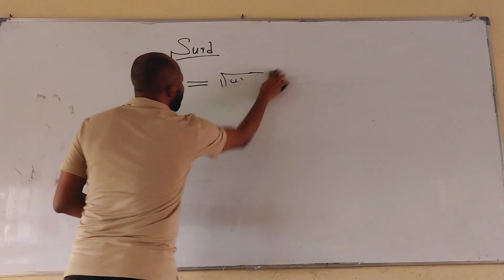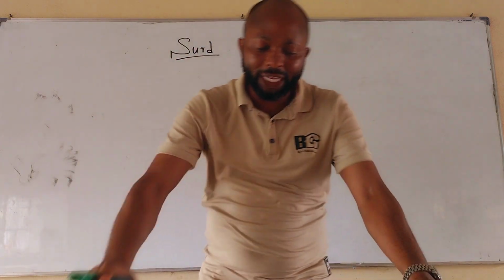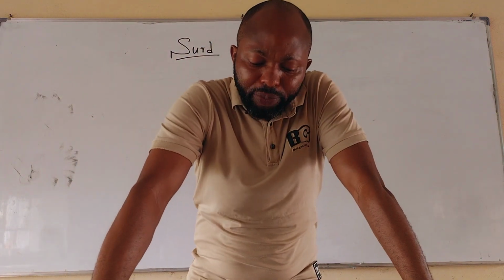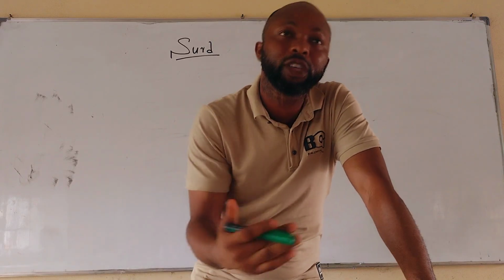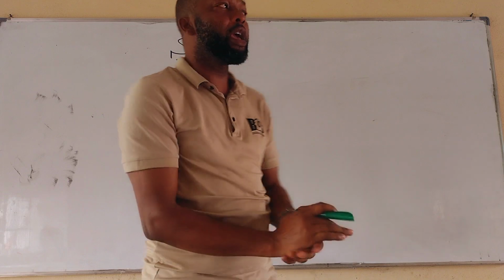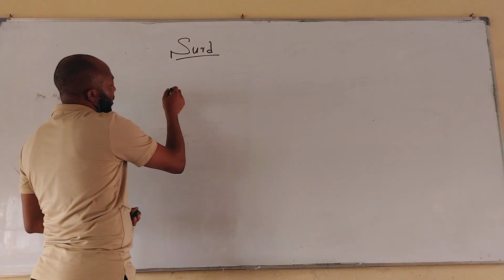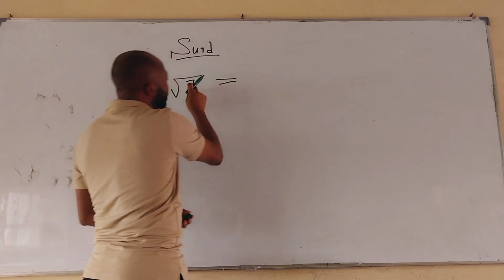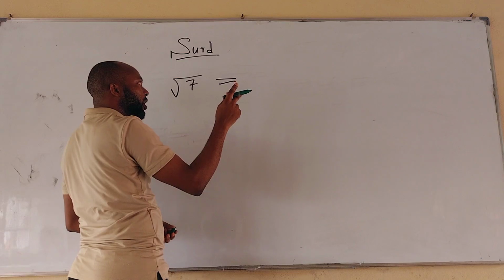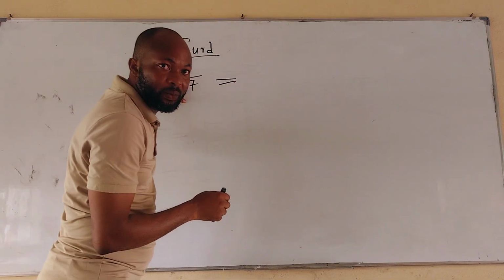At what level do we say a surd is in its basic form? A surd is said to be in its basic form if it does not have a factor that is a perfect square. So if the number given to me, like root 7, does not have a factor in it that is a perfect square, then it is in the basic form.